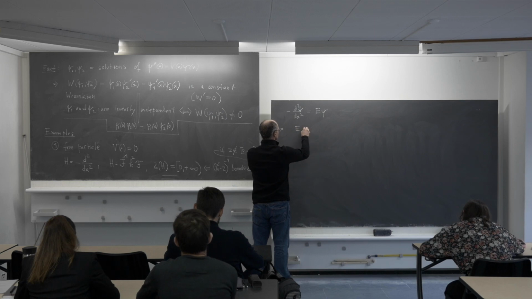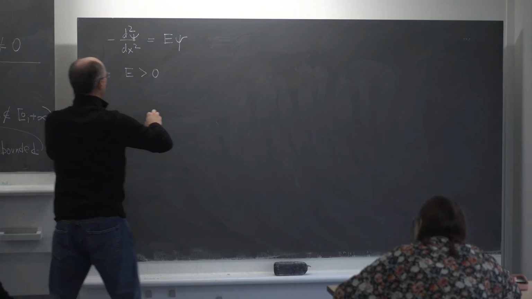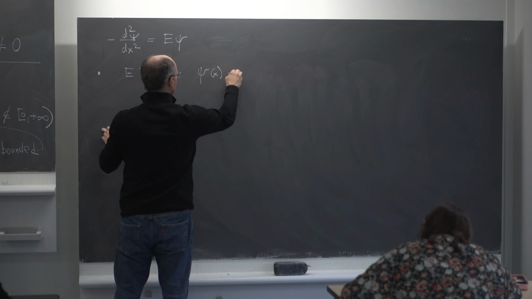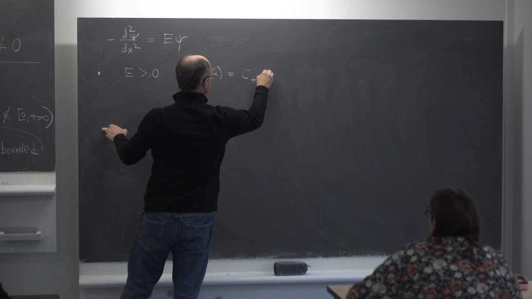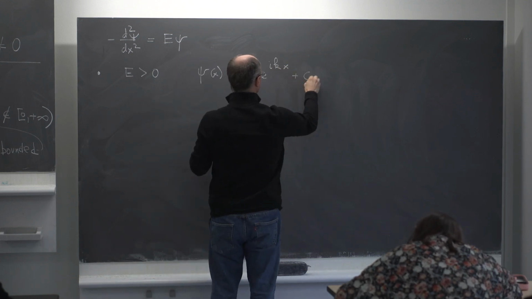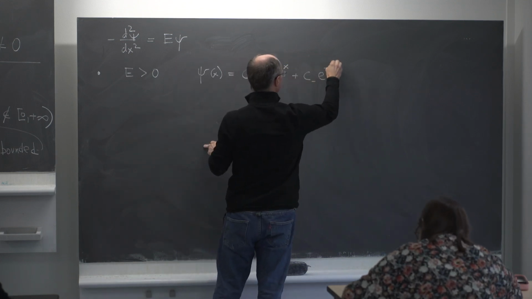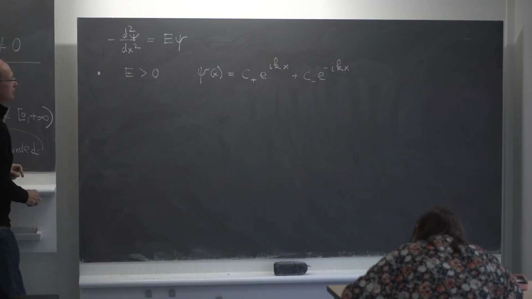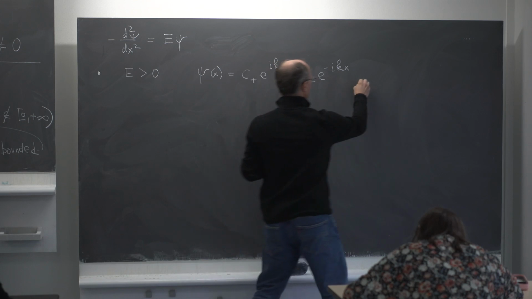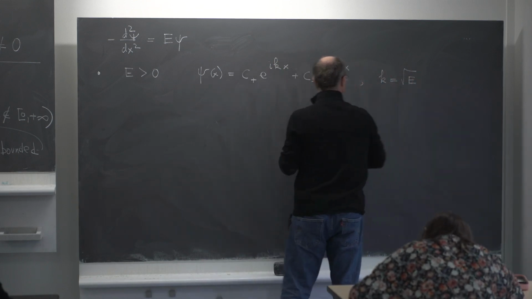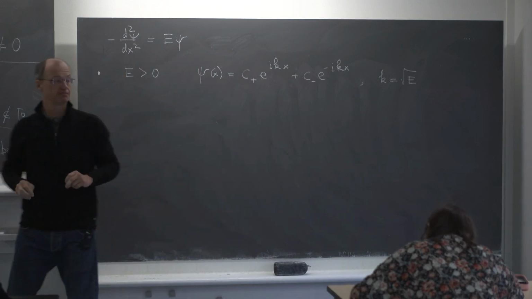Now for e positive, what's going to happen? Those two solutions, let's work over C, will be those imaginary exponents. And here k will be the square root of e.